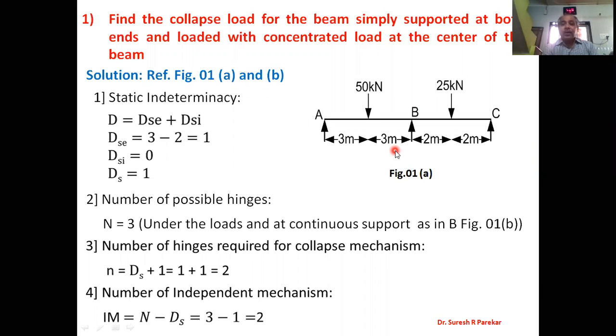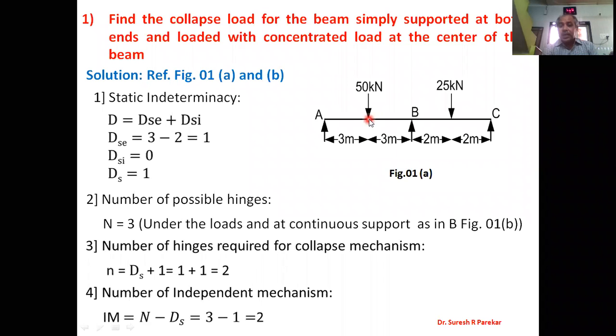So where do we have possible plastic hinges? We do not have a fixed support, so no hinge. Then we have the continuous support at B, so one hinge will be at B. Second, we have hinges under the concentrated loads. We do not have a rigid joint.